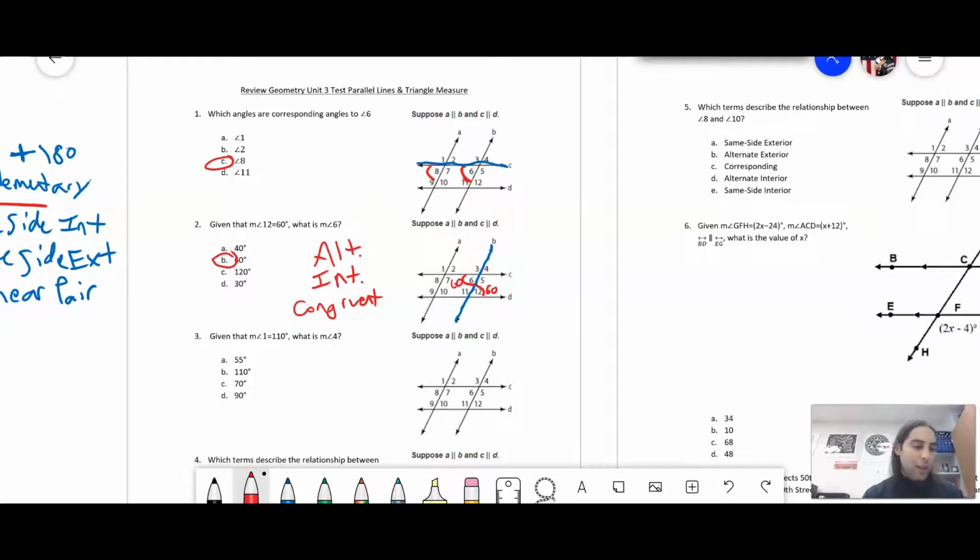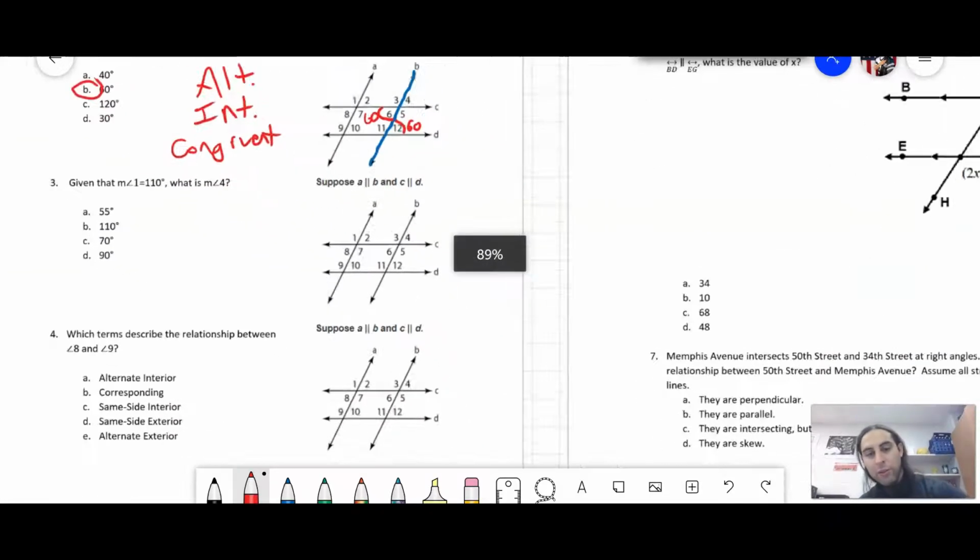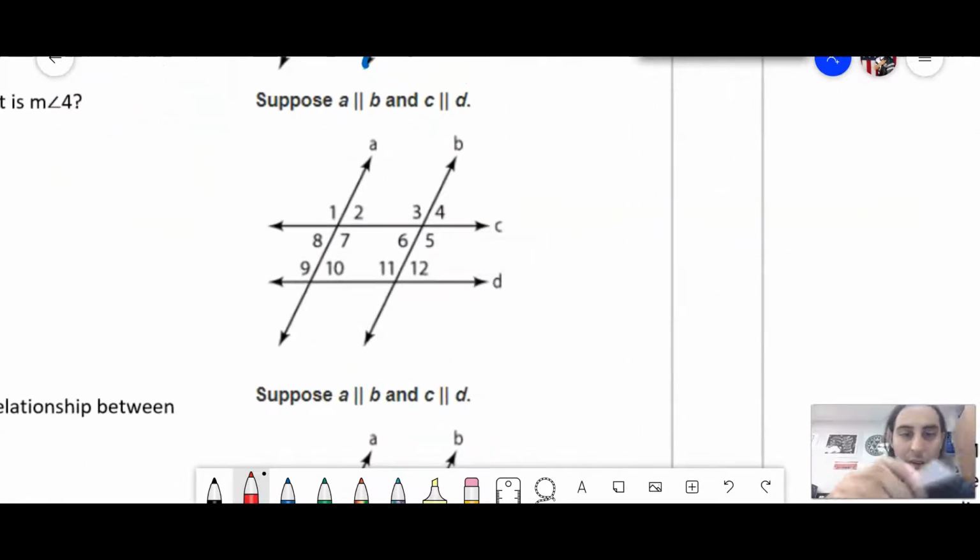All right, number 3. Given that angle 1 is 110, what is the measure of angle 4? So let's look at 1 and 4. So 1 is right here, and then we have this transversal, line C, and then we have angle 4.